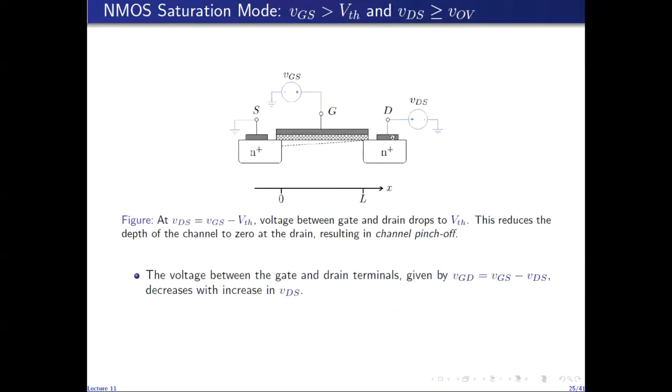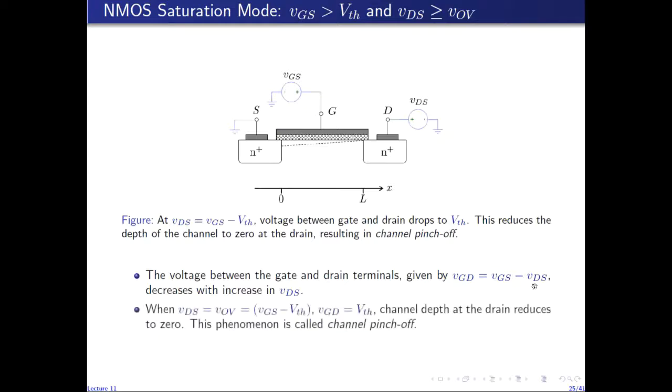So as the drain to source voltage is increased, gate to drain voltage decreases according to this expression. So when VDS is increased to the overdrive voltage, in other words, when VDS equals VGS minus V threshold, then the voltage between gate and drain, VGD, drops down to V threshold.